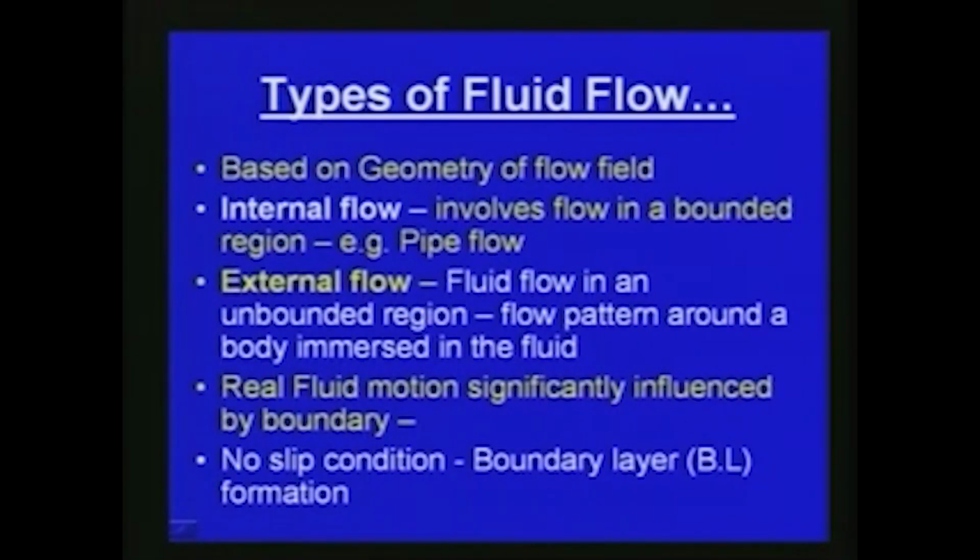The no-slip condition and the boundary layer formation are very important as far as flow is concerned, whether it is internal flow or external flow, such as surrounding a building or a boat moving in a river. What is happening around the boat or the ship is very important, so the formation of the boundary layer is also very important. With respect to laminar and turbulent flow, which we will be discussing today, whether it is external or internal flow is also very important.